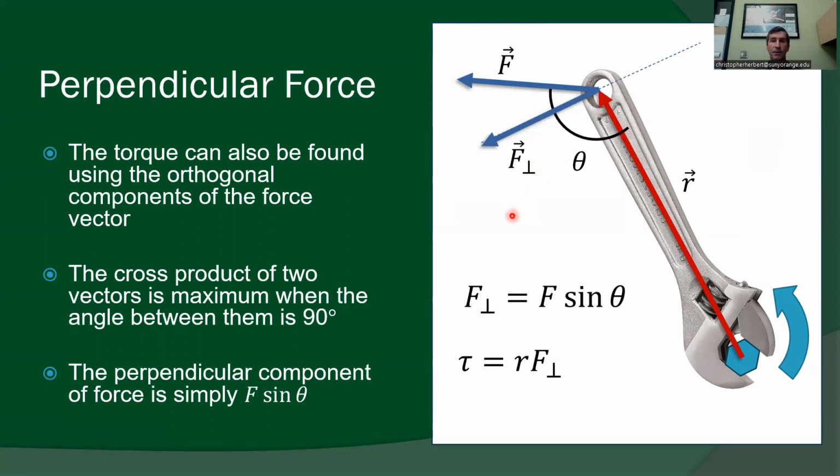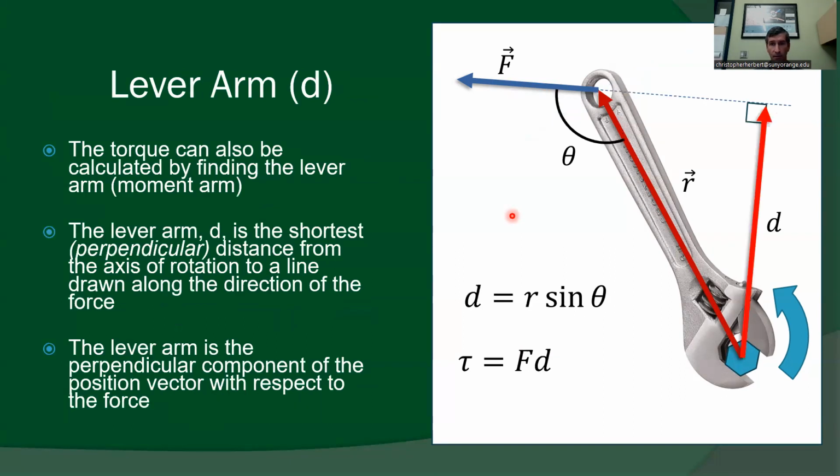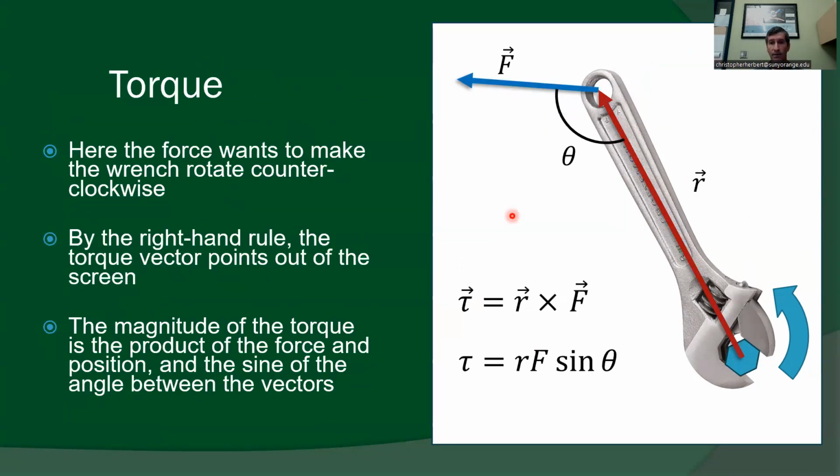So we have to determine what is advantageous for the particular problem we're using. Which of these methods am I going to use to calculate torque? Am I going to just do straight out cross product, where I know my R vector and my F vector in terms of its orthogonal components, I hat and J hat? Am I going to use this equation right here and then apply the right-hand rule to determine the direction of the torque?